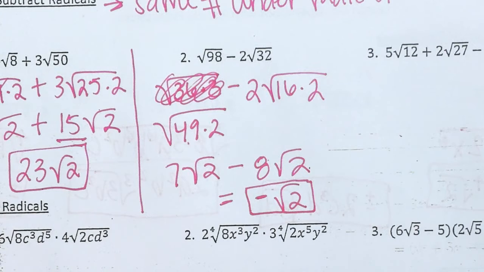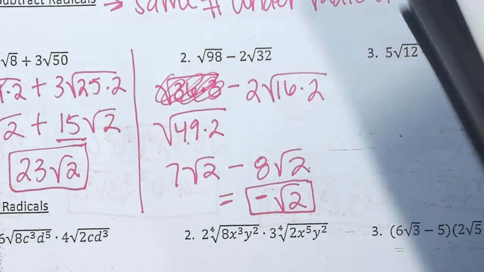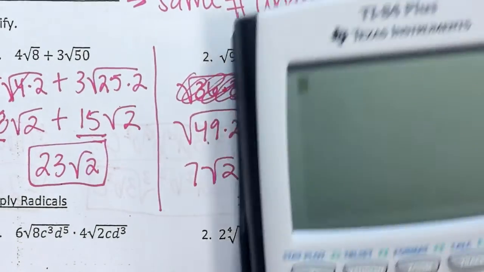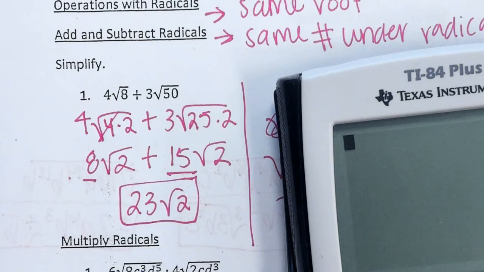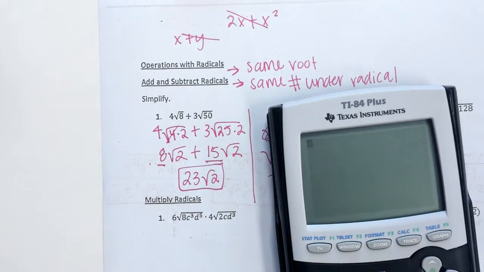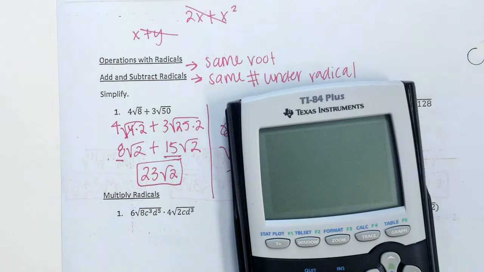Here's how we check it. So if you have a calculator like this, or I think any calculator will do it, let me show you how to check this one. You just type in 4 root 8, just like you see it here. And if you're doing parentheses, make sure you close the parentheses. And then plus 3 root 50.